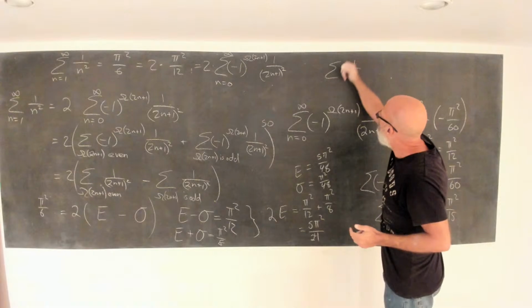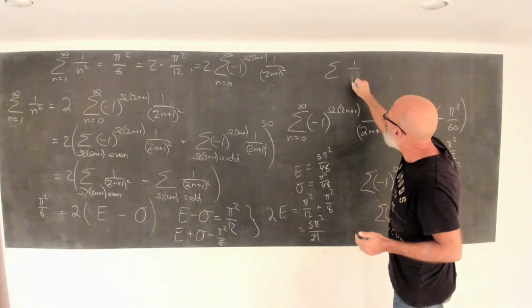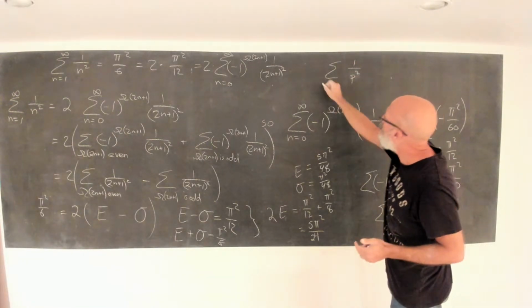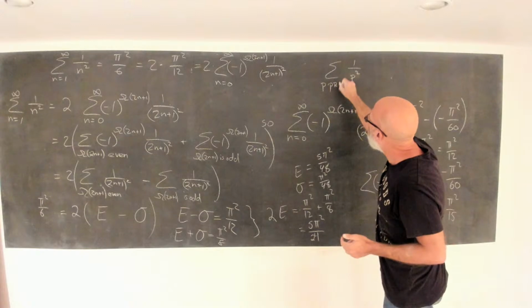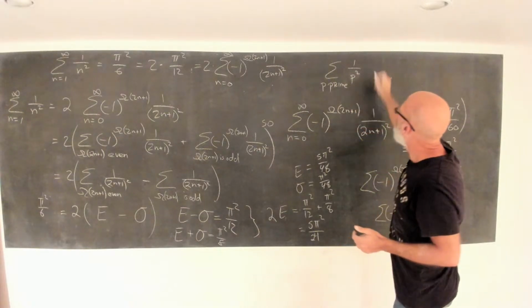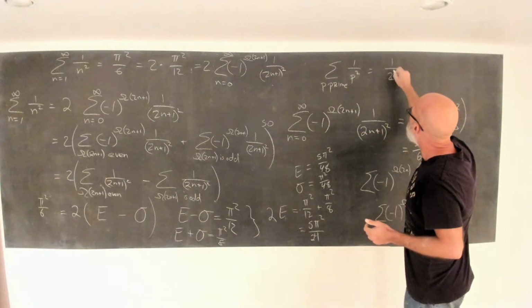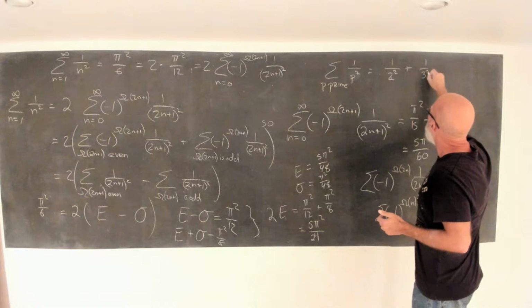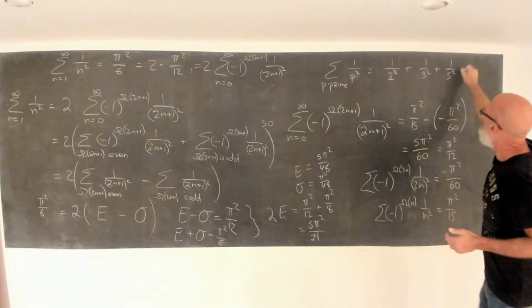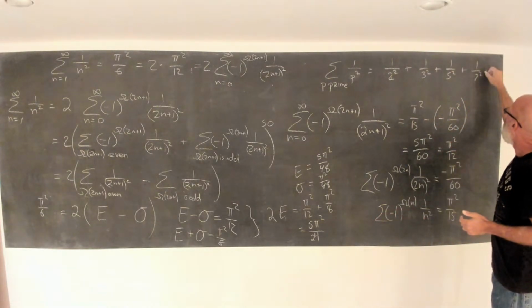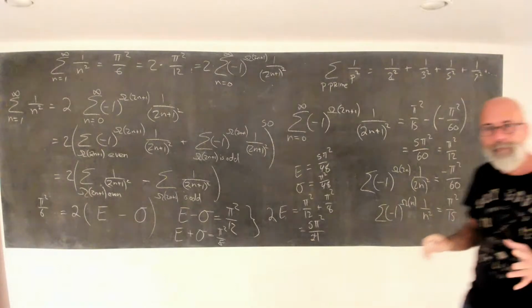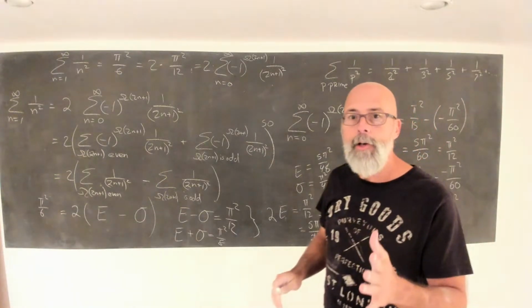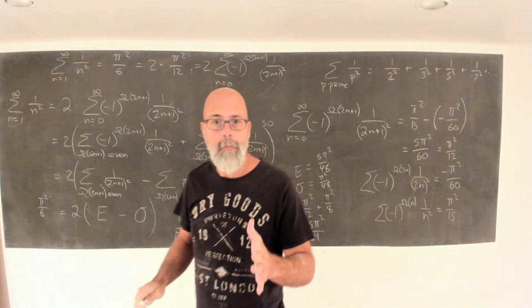But what if, instead of taking all the numbers, you just took the primes? Right, so 1 over 2 squared, 1 over 3 squared, 1 over 5 squared, 1 over 7 squared, and so on and so on. Nobody knows what that converges to.